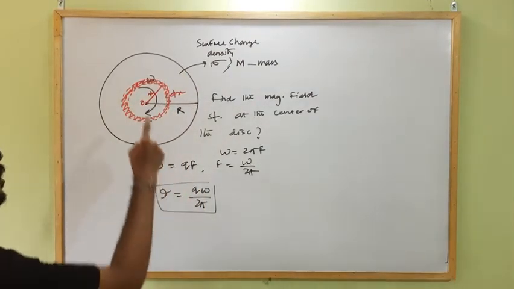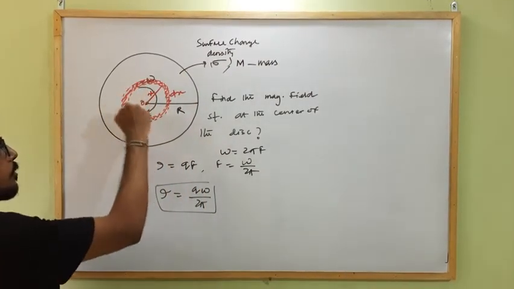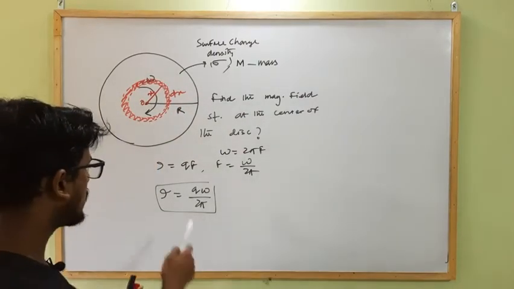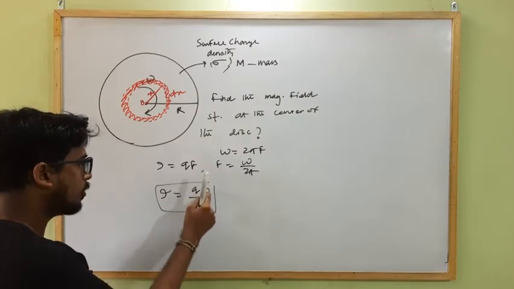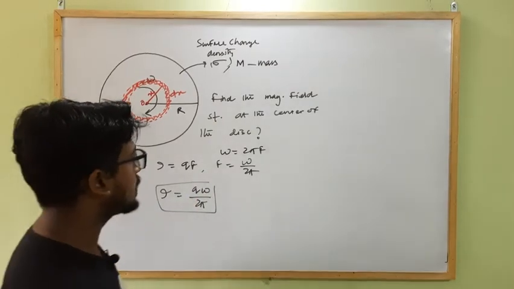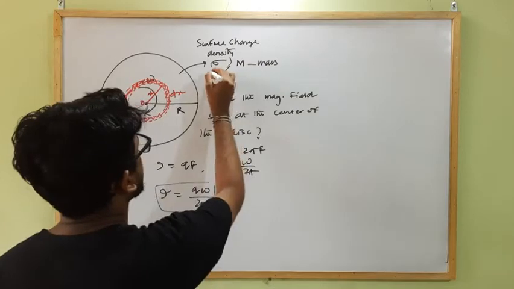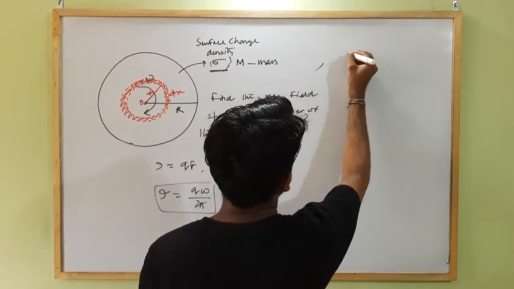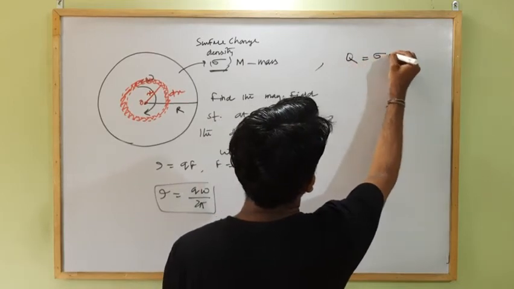First of all we have to calculate the amount of current flowing through this small circular ring of width dx. For this I use the formula I equals q into omega by 2 pi. So what is q? Here sigma is the surface charge density. So the total charge q equals sigma into pi r square.